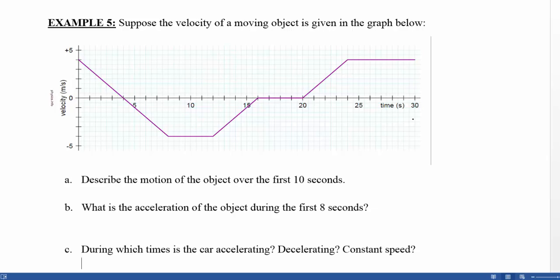So part A, describe the motion of the object over the first 10 seconds. So let's look at where that 10 is. So what I notice is that some of the area between 0 and 10 is positive and some of the area is negative. So that looks like it changes around time equals 4.